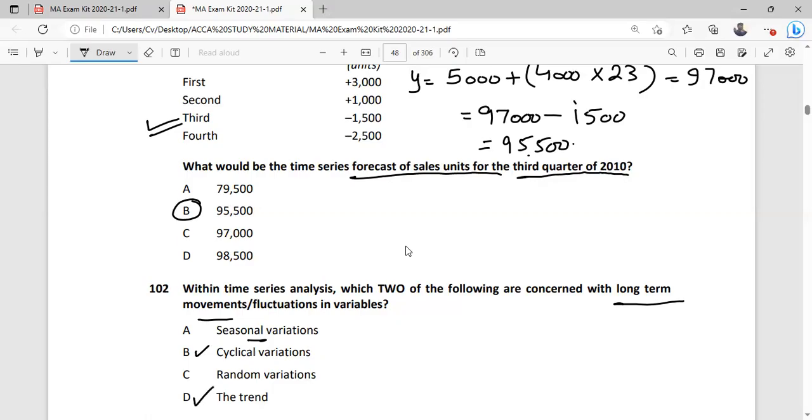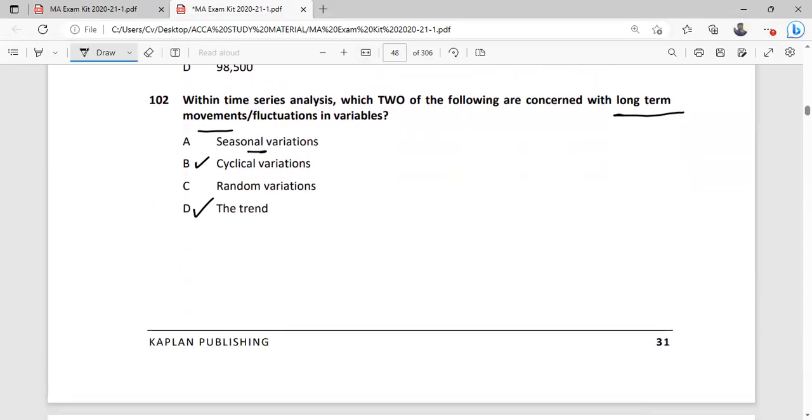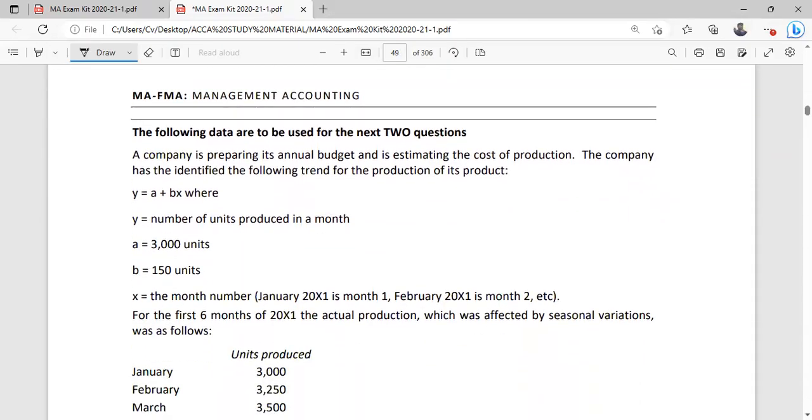But the trends are long term, and we will follow the trends. Just like here, we are saying that at the end of third quarter there will be lower sales in comparison with the expectations, but in first quarter there will be an increase by 3000. So this is called trend. Cyclical and trend are the long term.